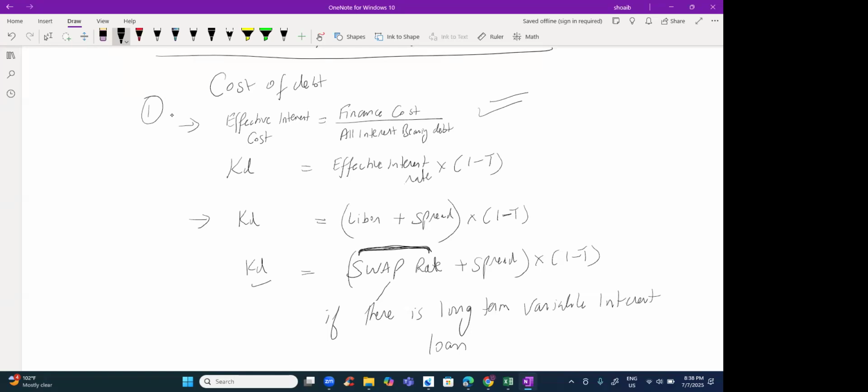If more information is given, LIBOR plus spread into 1 minus t. If you want to calculate deeply, then you can use this approach. T means tax rate.